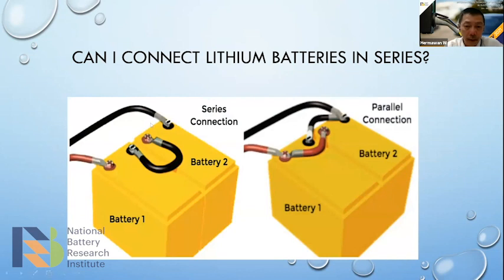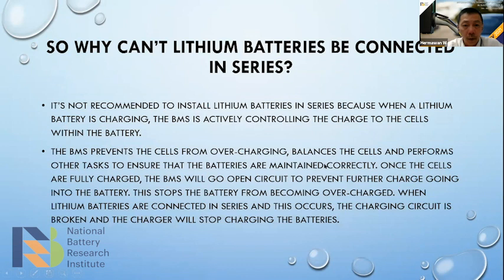One is serial, on the left side: positive, negative, positive. This is parallel in the floor. And then, why can the lithium battery not be used in series? Because when we have a battery pack, most suppliers say don't series it.